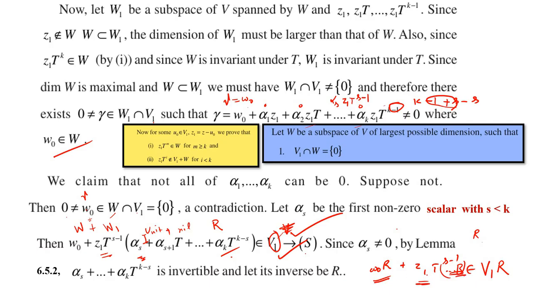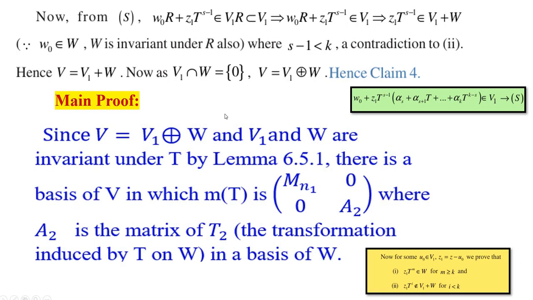So W naught R plus Z1 T power S minus 1, V1 being invariant under R, must be contained in V1. So W naught R plus Z1 T power S minus 1 belongs to V1.